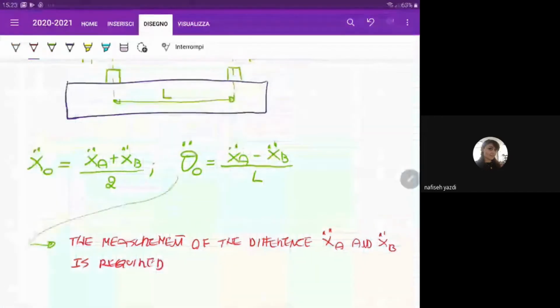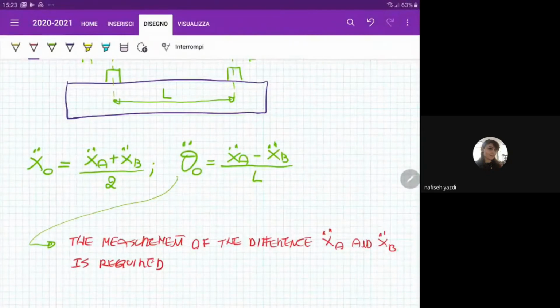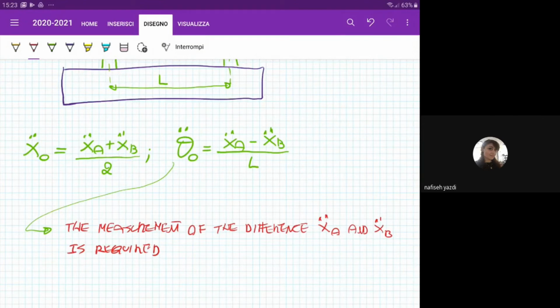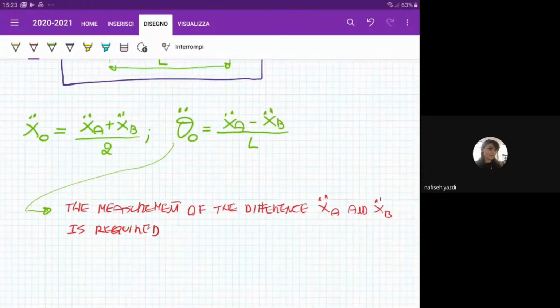Okay, but if you are interested in the elastic rotational acceleration, that is the point acceleration in the rotational degree of freedom, okay, what you need is that these two accelerometers, XA and XB, are not that far away from each other, okay? In principle, they should be one over the other. That's not possible, of course, but however, what is required is that these two accelerometers are measuring the acceleration almost at the same point.